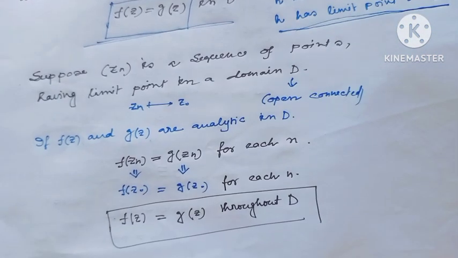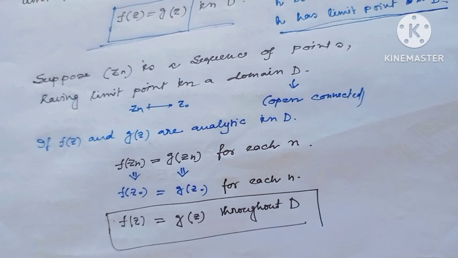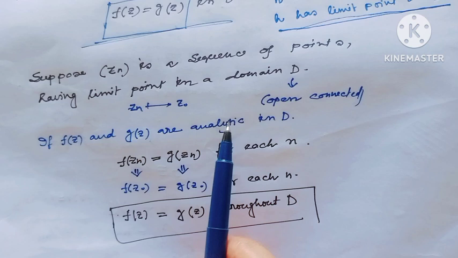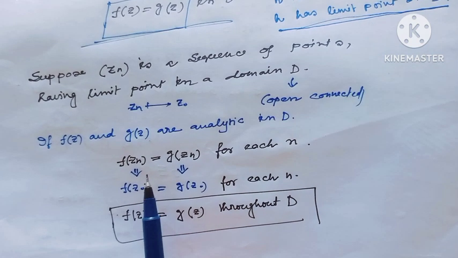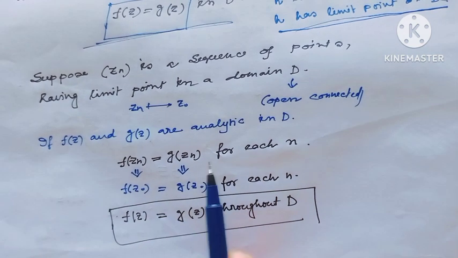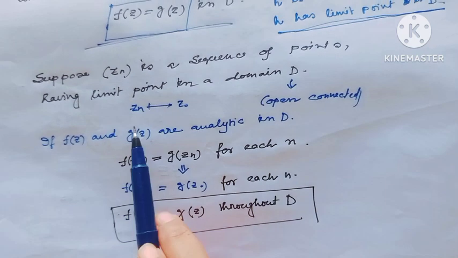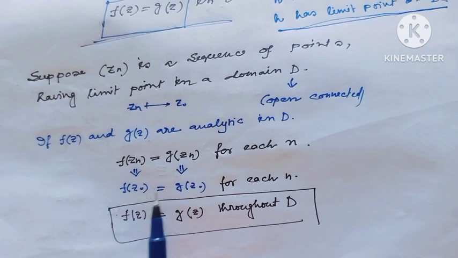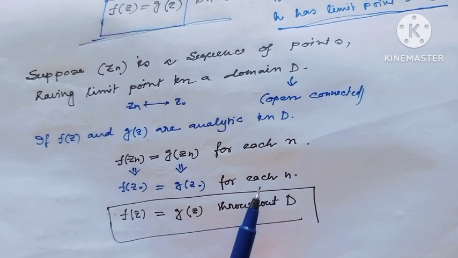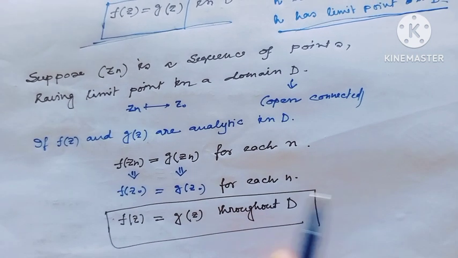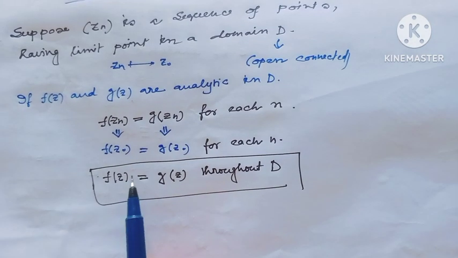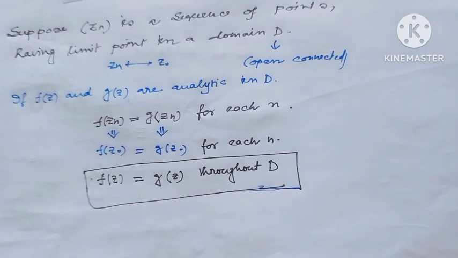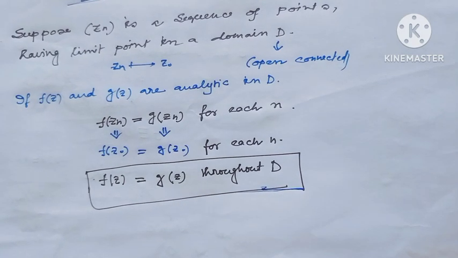If f(z) and g(z) are analytic in the domain D, and f(z_n) = g(z_n) for every n, then since z_n converges to z_0, f(z_0) = g(z_0). Therefore f(z) = g(z) throughout the domain D. This is the identity theorem.